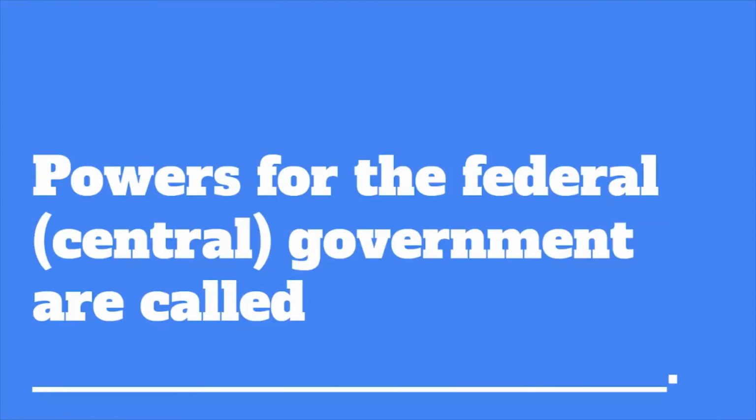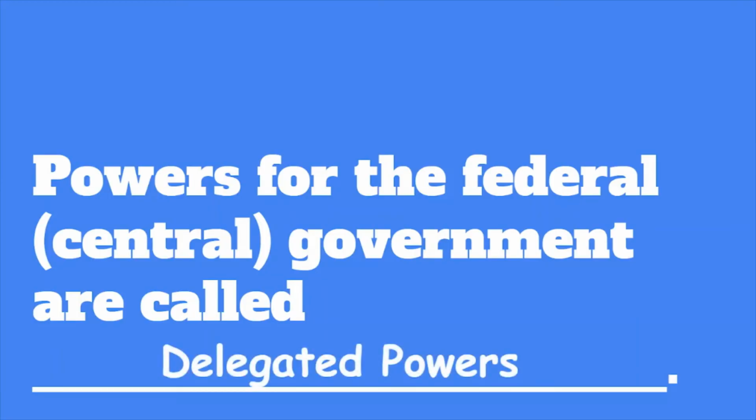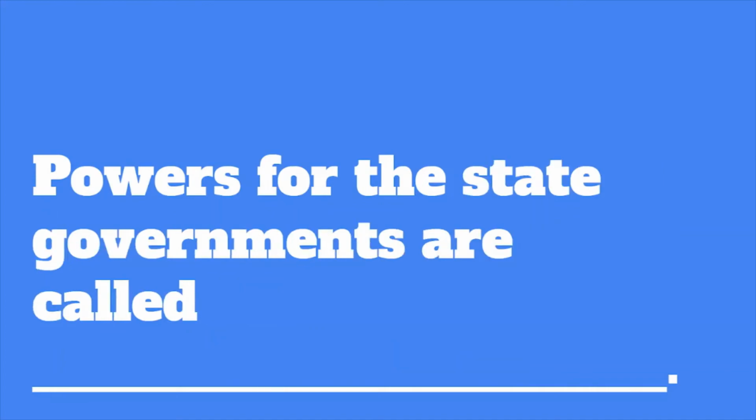Powers for the federal or central government are called ___. Delegated powers. Powers for the federal central government are called delegated powers. Powers for the state government are called ___.